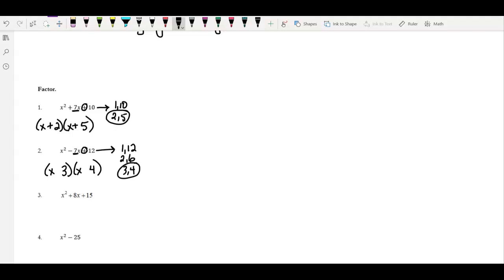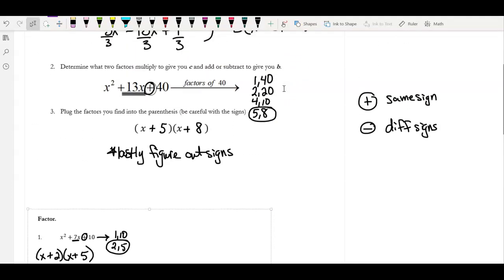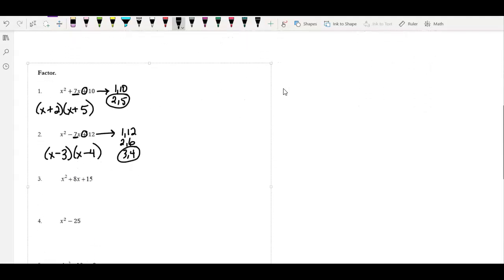And the only way you can get a negative 7 is if they're both negatives. Remember that rule I said: whenever we add, we have the same sign. So since I was adding, they were either both positives or both negatives, and since it was a negative 7 in the middle, they're both negatives.